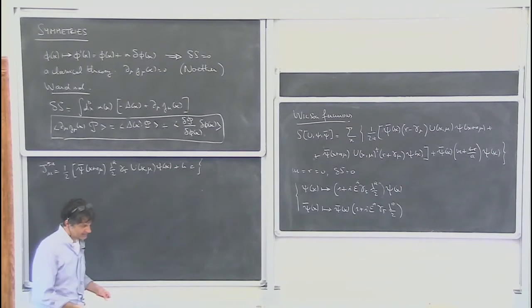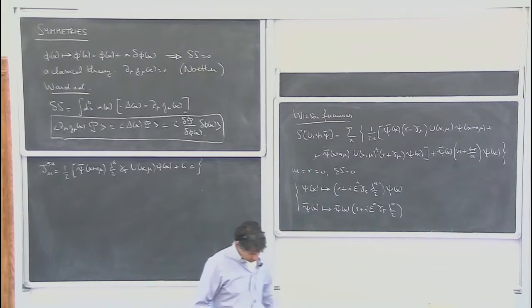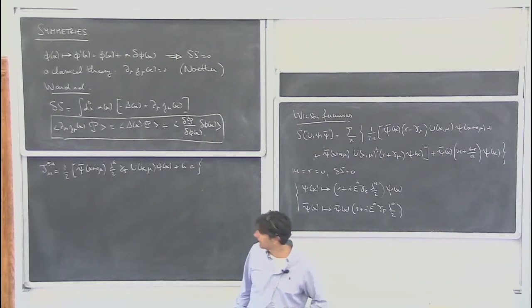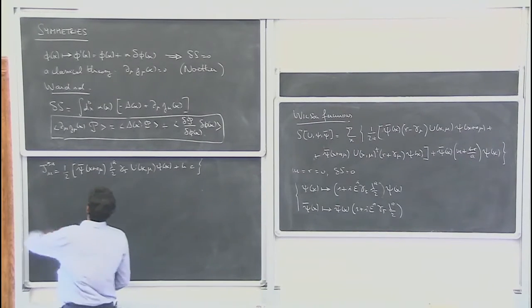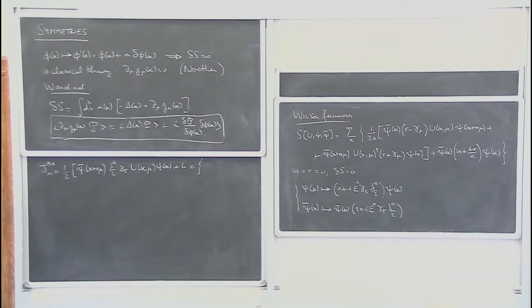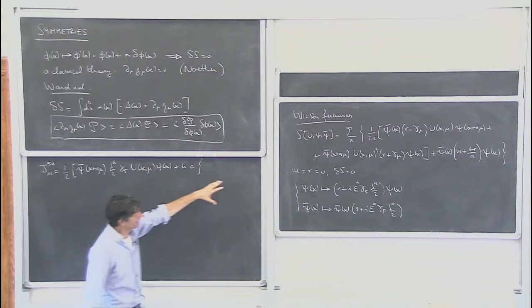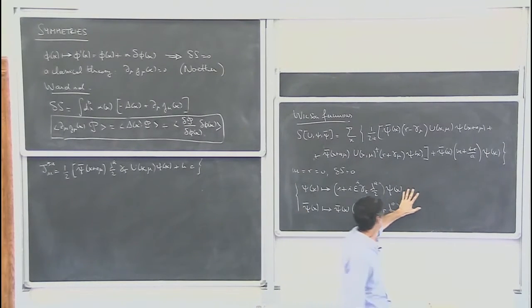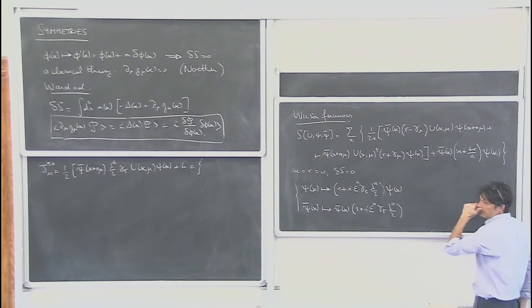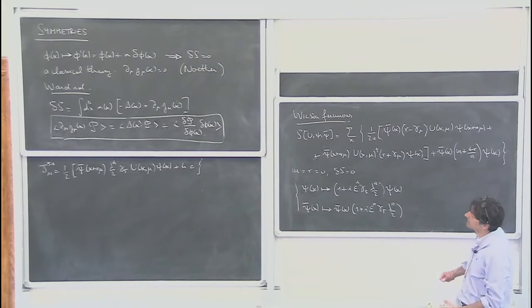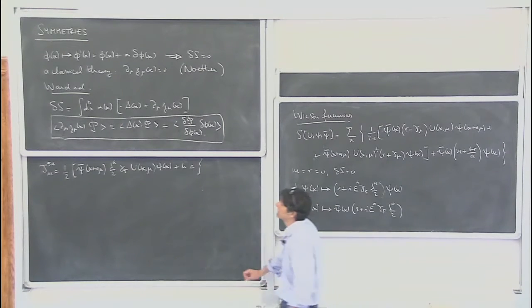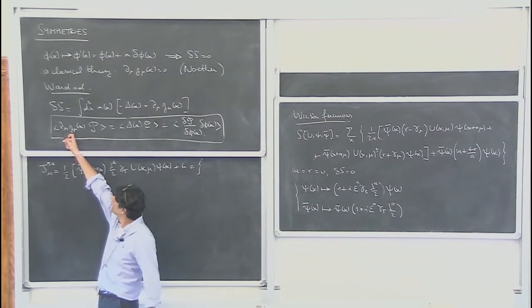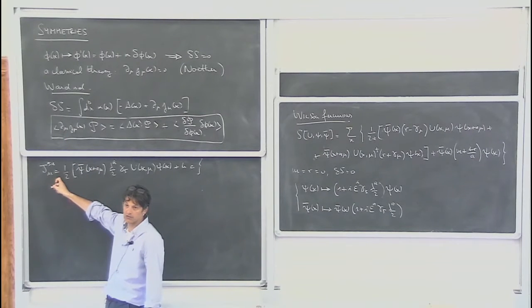Okay, and then if we want to write the Ward identity which is associated to a chiral transformation for Wilson fermions, we're going to have a contribution like that, which involves the Noether current.